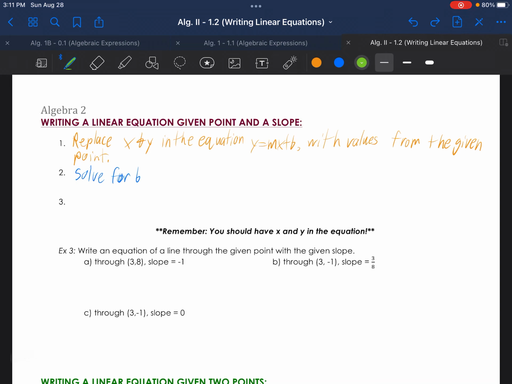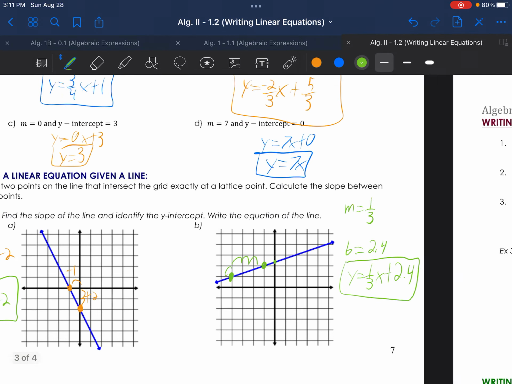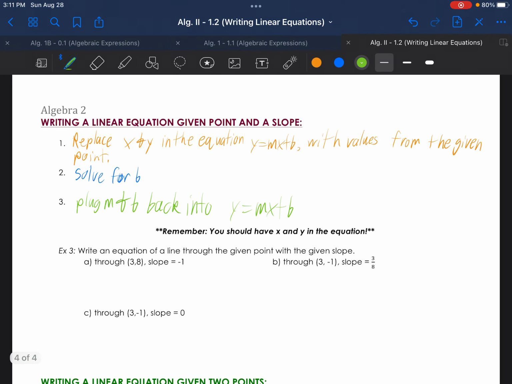And then, last but not least, the third step is we're going to plug m and b back into y equals mx plus b like we were doing with those first example problems and the example 2 problems as well. So really what this is, we're going to have to go even more distance and do a little more work than we did on example 2 to figure out the b, but we'll be given m.